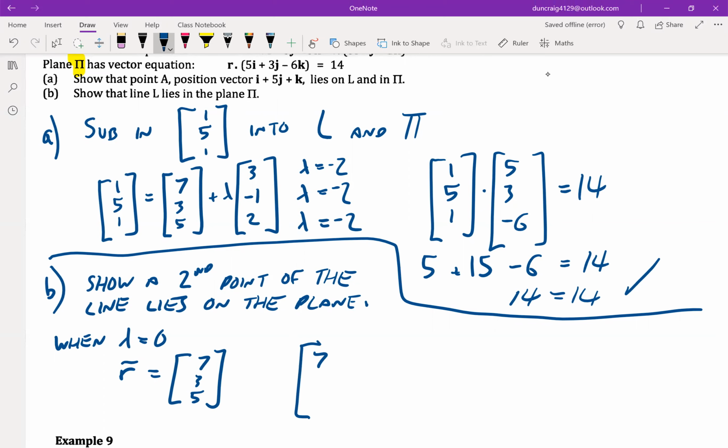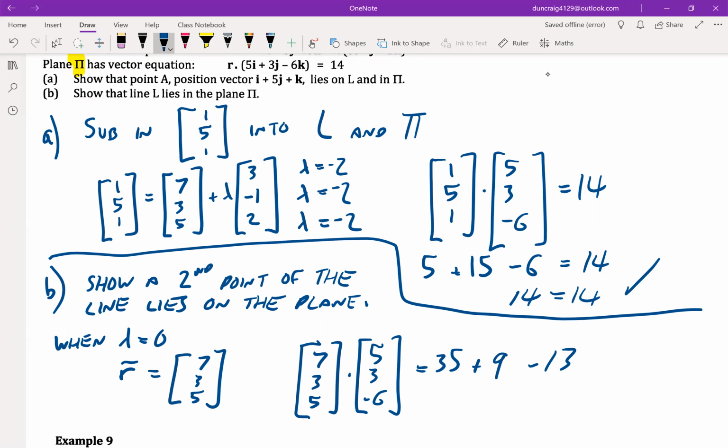So if we say 7, 3, 5 dot 5, 3, minus 6, what does that give us? That gives us 35 plus 9, take 30. 44 take 30 is equal to 14, which is what it should equal as well.